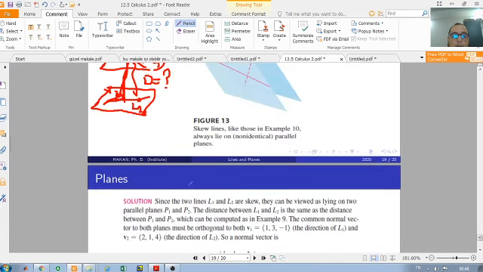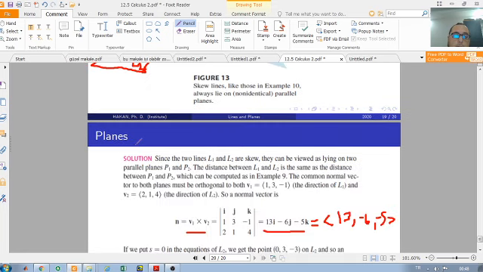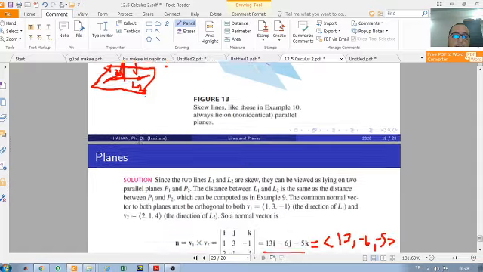So we know the equation of the second plane, and if we find a point on the first plane, we get a distance from this point to the plane, which means actually we find the distance between two planes or two skew lines.